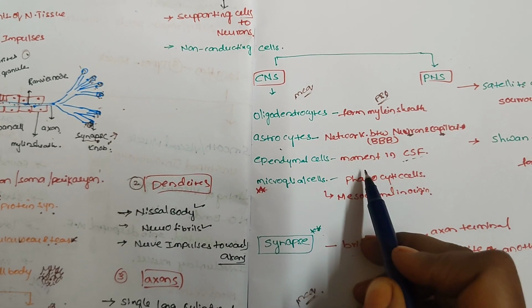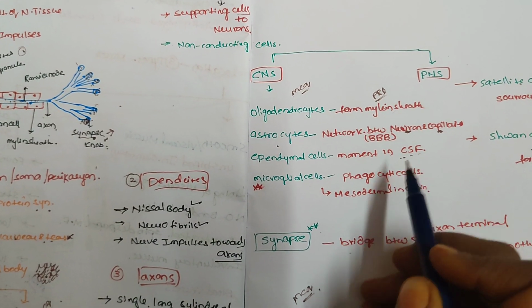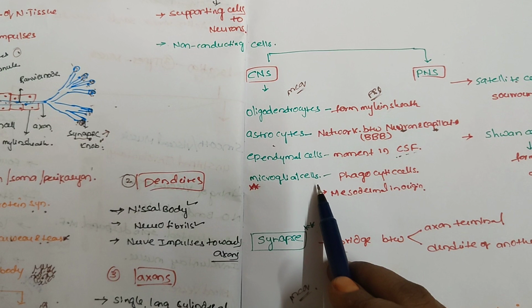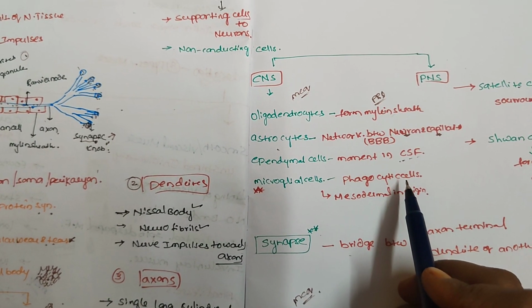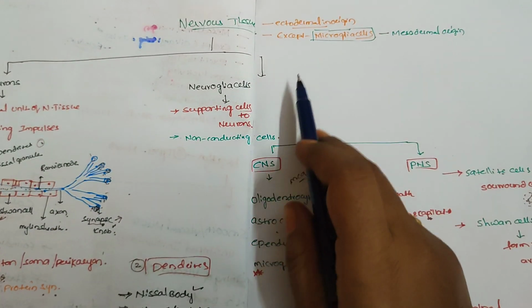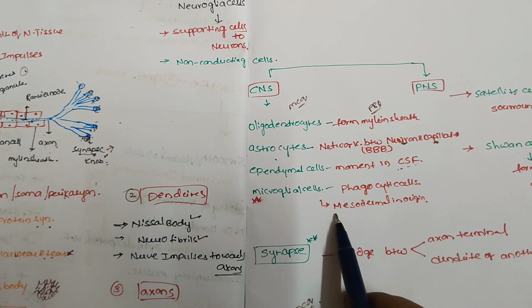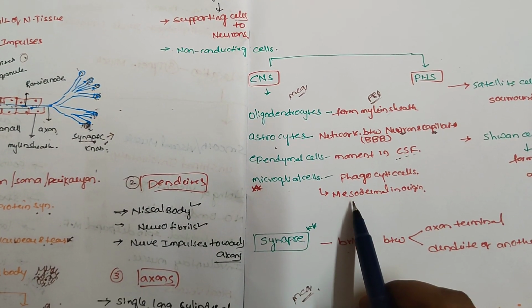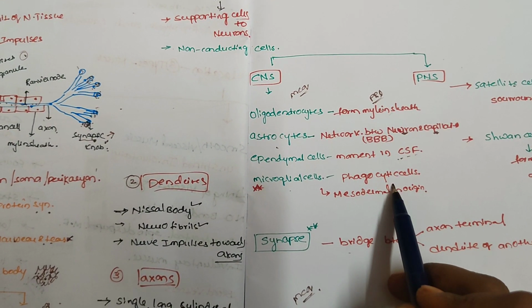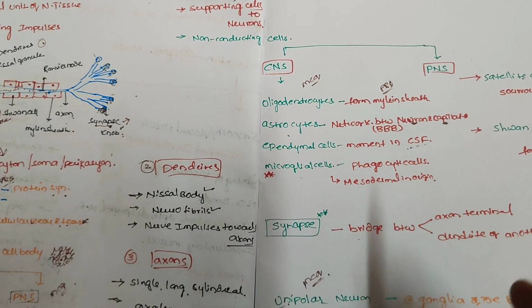Ependymal cells move the cerebrospinal fluid. Last one, microglia cells, which have a phagocytic nature. The exception we already discussed in the introduction: these cells are mesodermal in origin. Phagocytic nature means they kill the microorganisms.